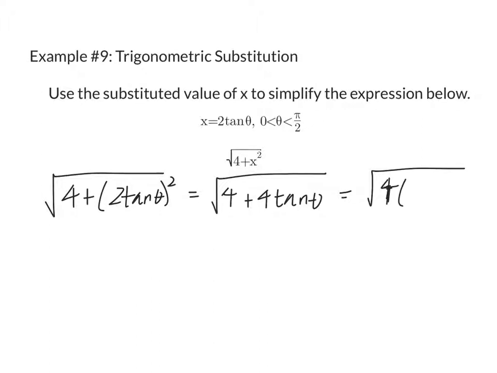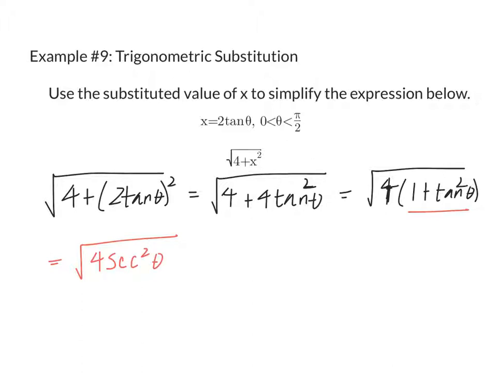And if we take out a 4, we have 1 plus tangent squared theta left over. Don't know how I dropped the squared. And from the Pythagorean identities, we should recognize that 1 plus tangent squared theta is secant squared theta. So that'll give us the square root of 4 secant squared theta.